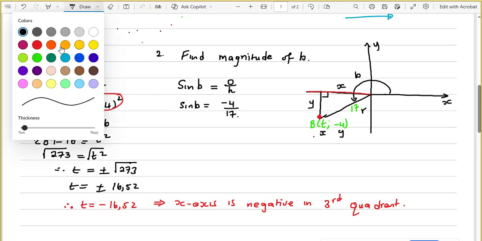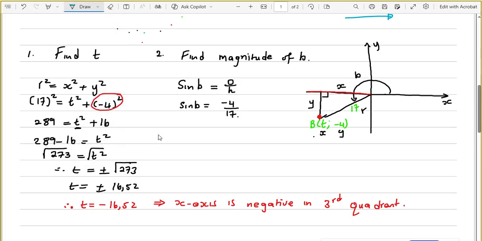Since this number is negative, we need to find the acute angle. Therefore, the acute angle is equal to the sine inverse of 4 over 17, without a negative, because we are looking for the reference angle.